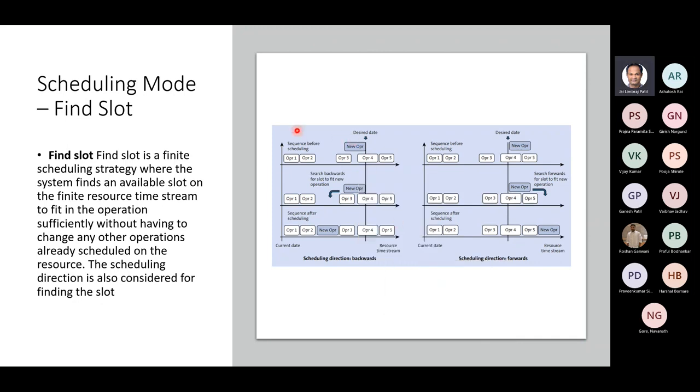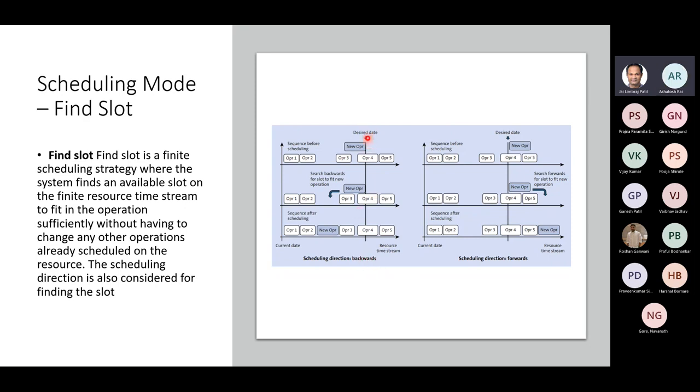So this is the status when we did not run the scheduling. Operations 1, 2, 3, 4, 5 are scheduled on a particular work center, and there is a new operation that has got this desired date, which means desired end date, and the scheduling direction will come into the picture because it is backward.